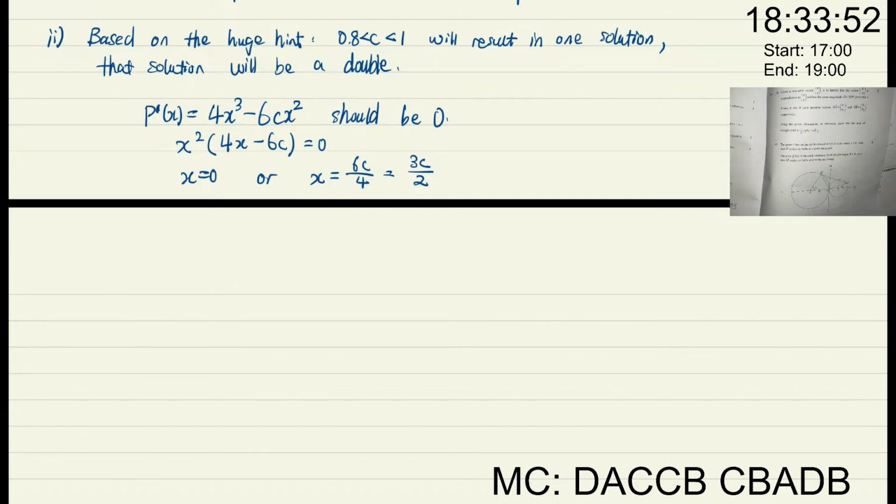We also happen to know that c has a restriction between 0.8 and 1. But we also need to sub this back into the original quartic to make sure that it is actually a solution. So let's do that.